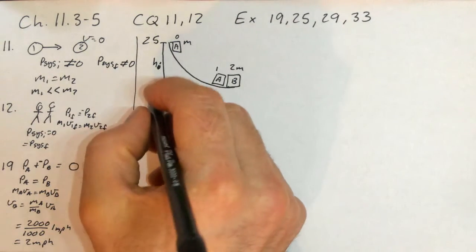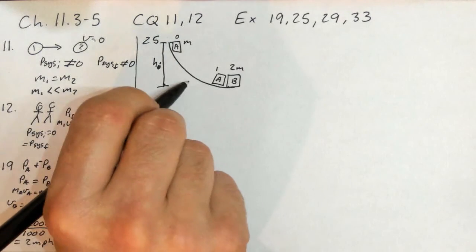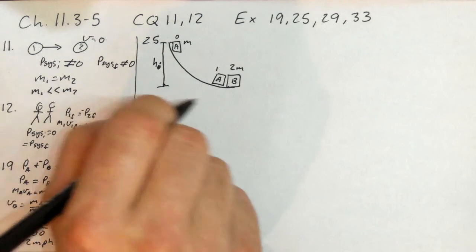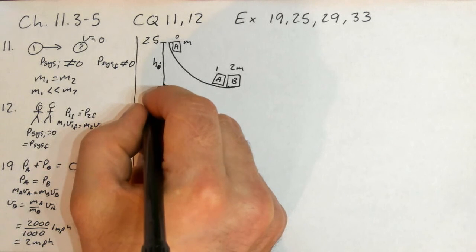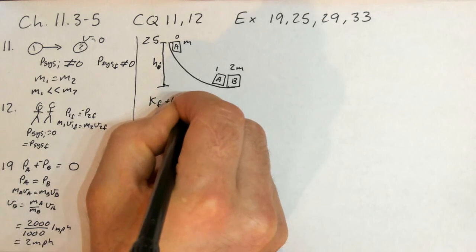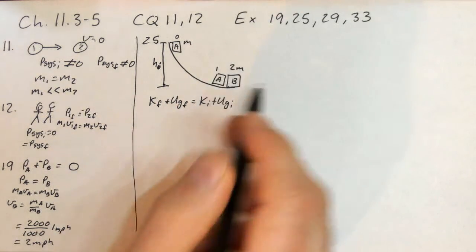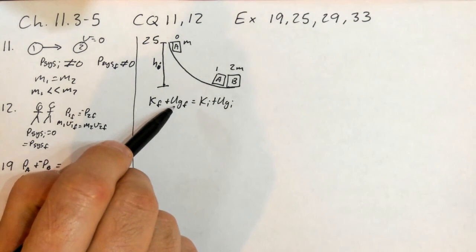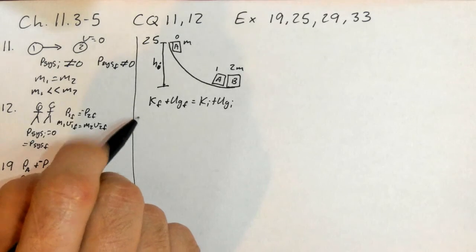Choosing the system to be the ramp, gravity, and the box, there's no external forces, no external work done. Then I'm going to say that K final plus UG final is equal to K initial plus UG initial. There's no friction, so there's no thermal energy, and there's no springs involved. So these are the only forms of energy I have.